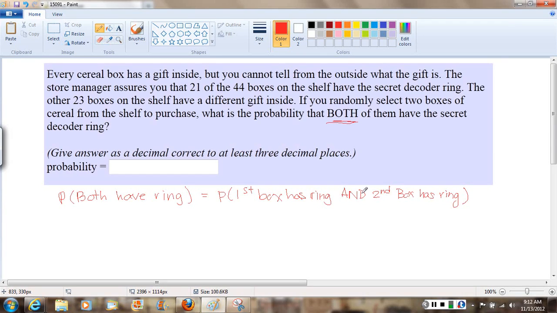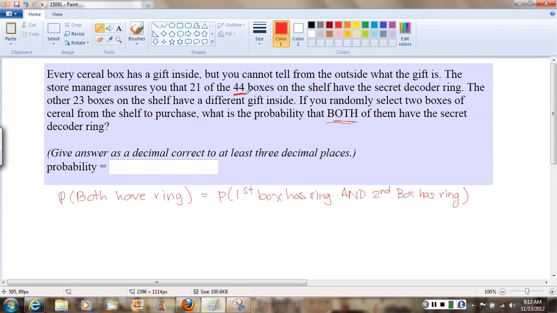If we knew that the first box having a ring was independent of the second box having a ring, we could multiply here. And let me take a minute and talk about that in more depth, because that can be kind of a subtle and confusing point. On first glance, it might seem like, well, I'm choosing the boxes at random, so whether I pick right on the first shouldn't affect whether I pick right on the second. And that's true. The thing that keeps these events from being independent is that we have a finite number of boxes, 44 boxes.